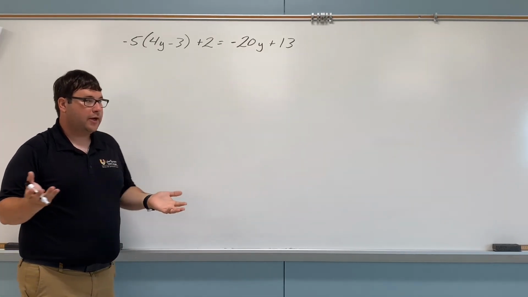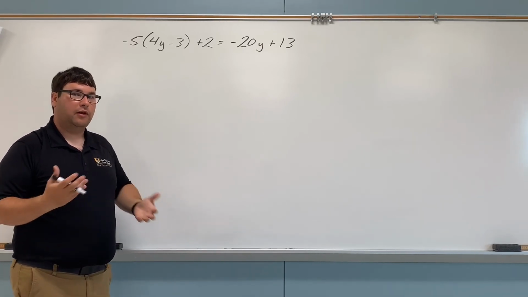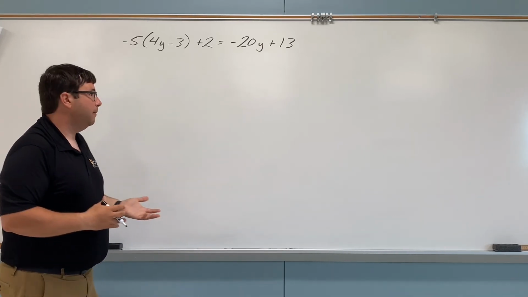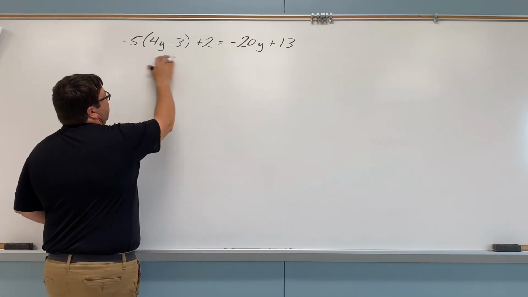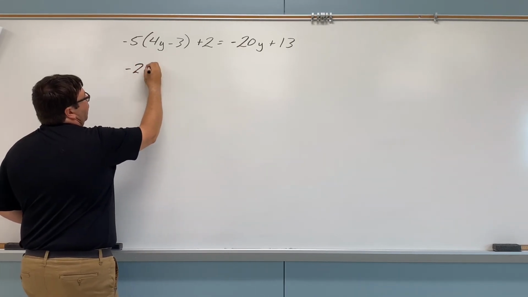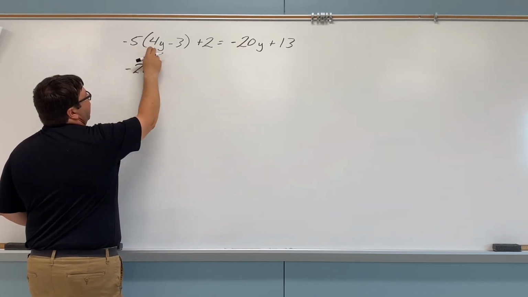Again, I don't see any fractions, I don't see any decimals, so what I'm going to do at this stage is start by simplifying. So I see I have distribution here. So we're going to work that out.